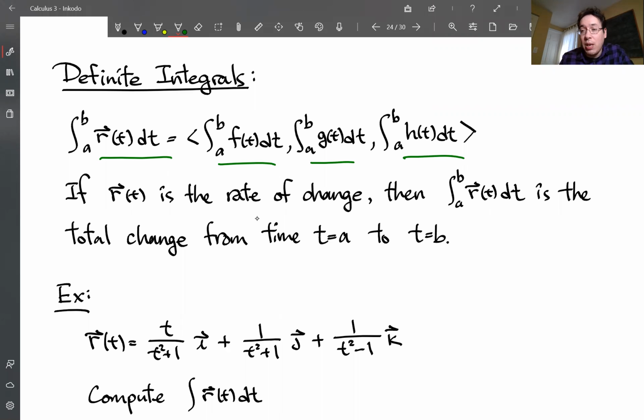So if you have, for example, a velocity in x, y, and z components, then the definite integral will give you the total displacement from time A to time B at the end. So I hope this is not too much of a surprise, right? It's kind of like doing a component-wise definite integral.